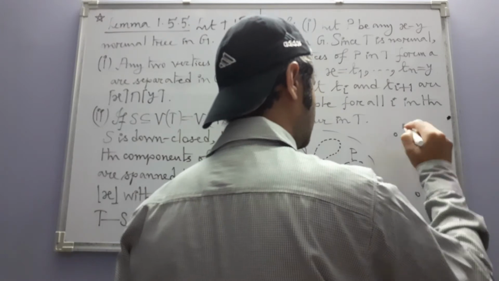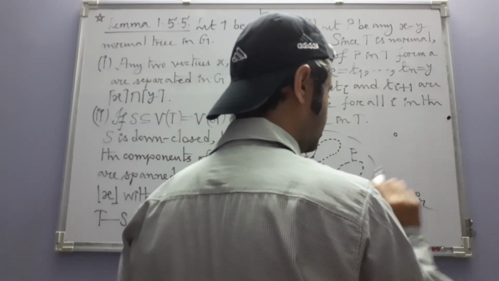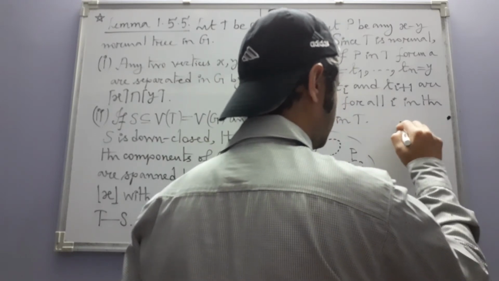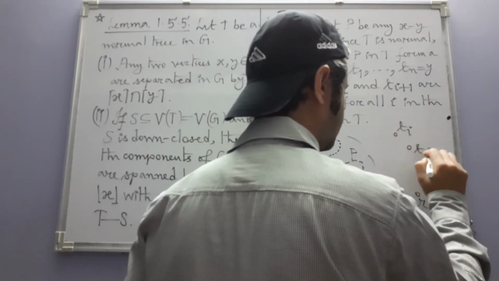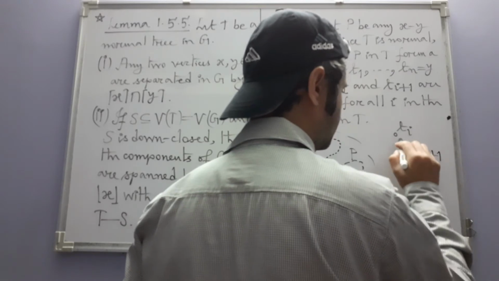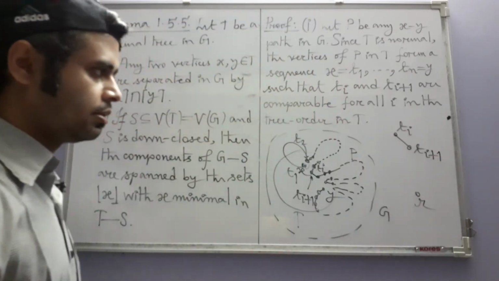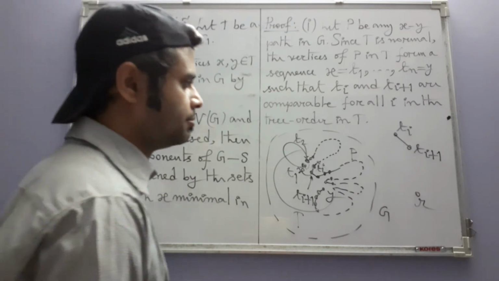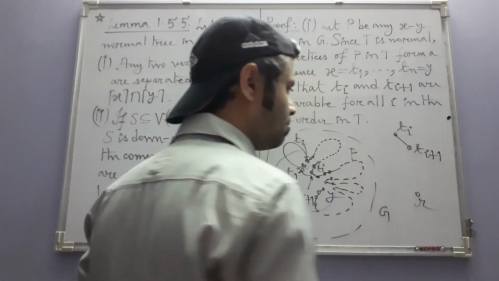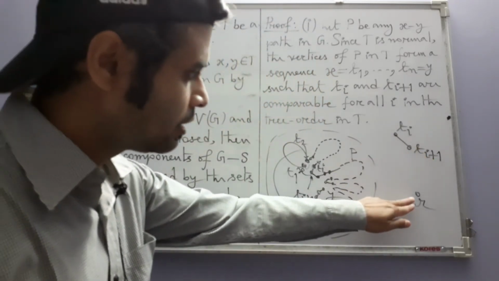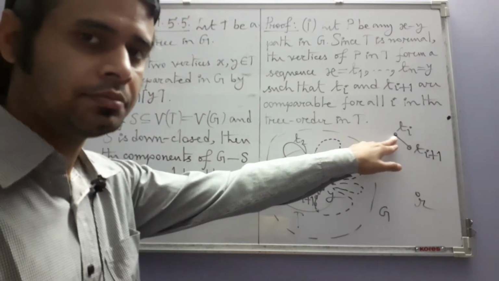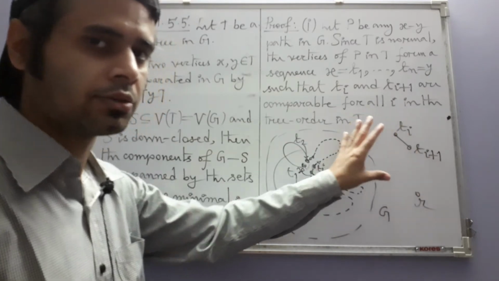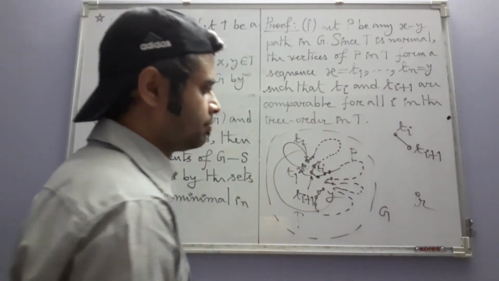Because you see, if you have a rooted tree with R, some root, and say you have two adjacent vertices, but the edge is actually an edge in the tree. Now there will be a unique path joining R and Ti. There will also be a unique path joining R and Ti plus 1, but we are considering that one first.